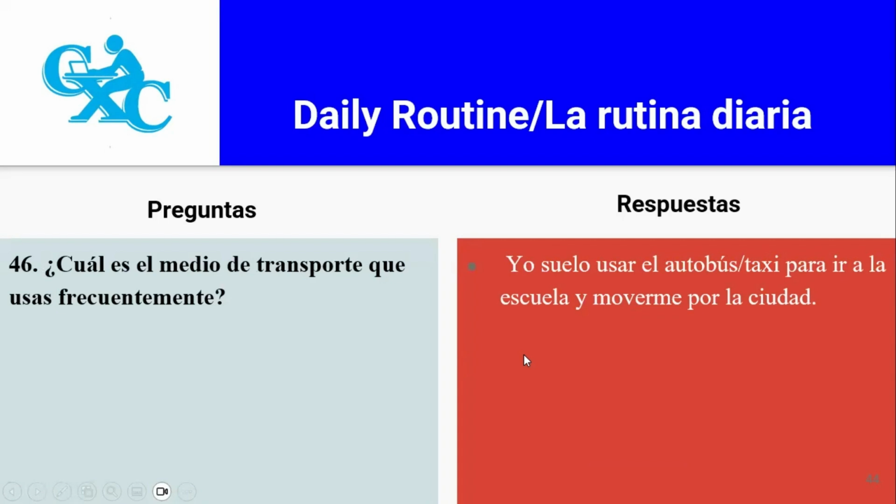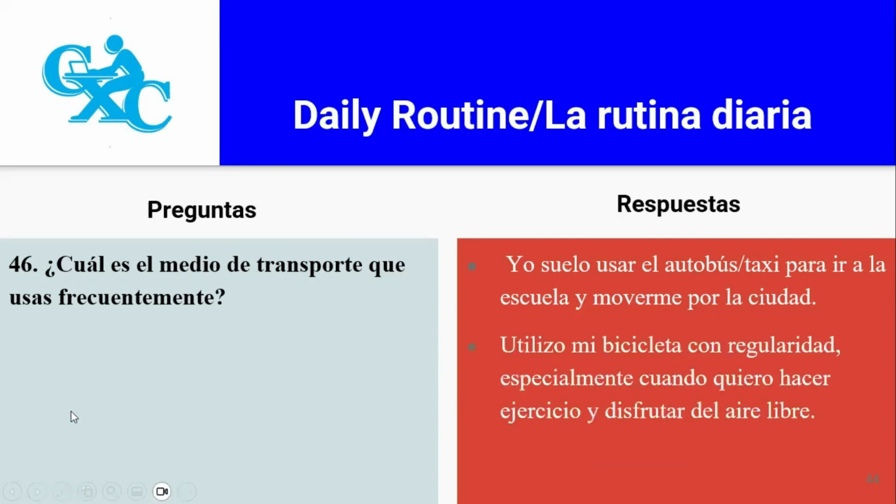Okay, so if you want to say I usually use the bus, or you can say yo suelo tomar el autobús, taxi. Yes, sí. Right. All right, so you're saying I usually, because it's something you normally do, okay? Yes. All right. Let's look at another response.